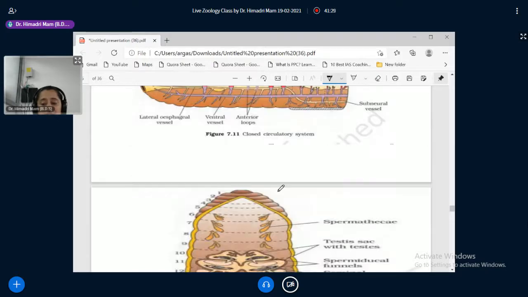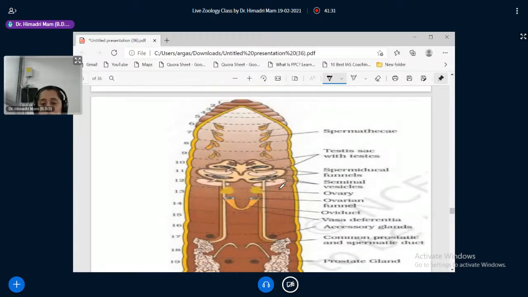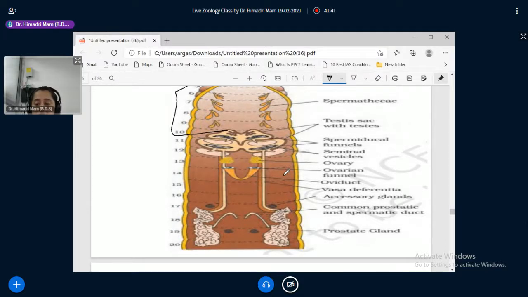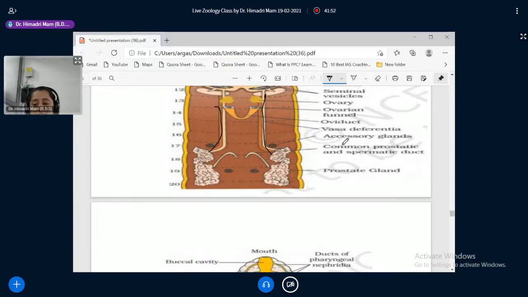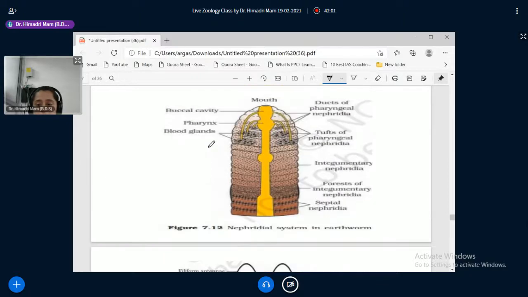We have the closed circulatory system. As I have told, in the 5 to 9 segments they have the spermathecae, the spermal apertures, right? They have the pair of ovaries. There, this is a vasa differentia, which opens into a prostate. From there, they have the common prostatic and spermatic duct, right? At the 18th, the genital pore, right?